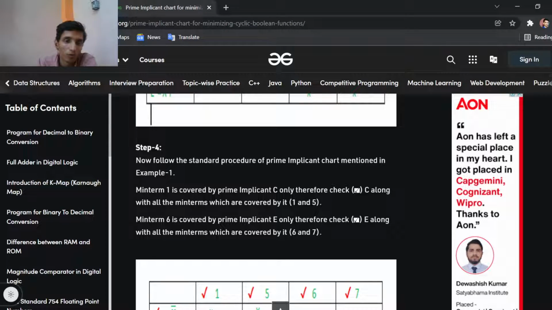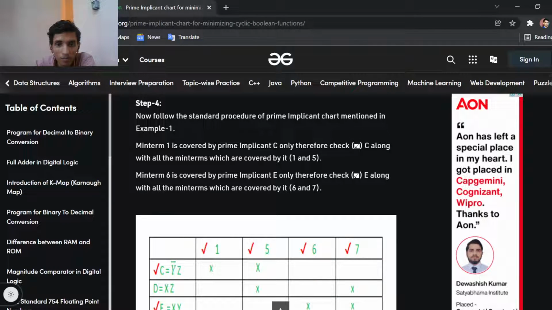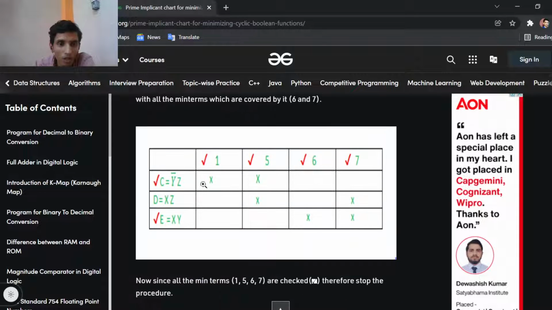Now step 4 would be, follow the standard procedure of the prime implicant chart mentioned in example 1. Minterm 1 is covered by prime implicant C only, therefore check C along with all the minterms which are covered by it, that is 1 and 5.